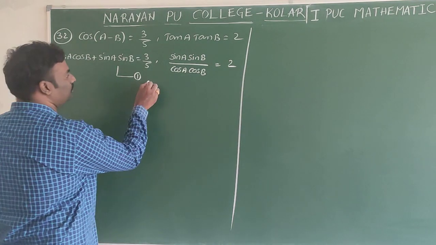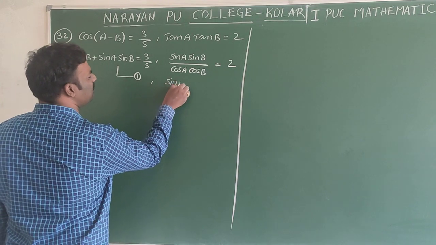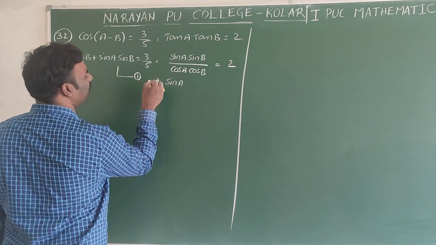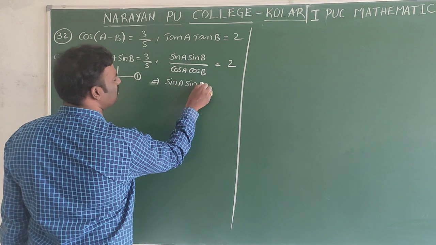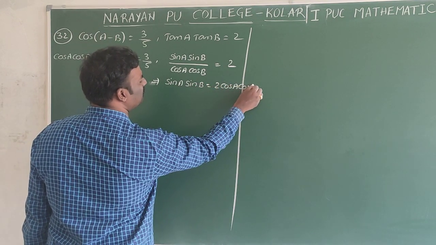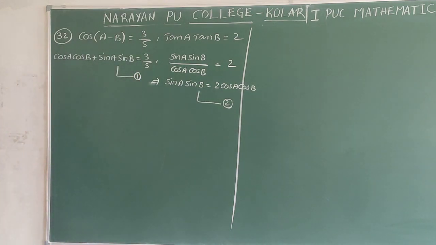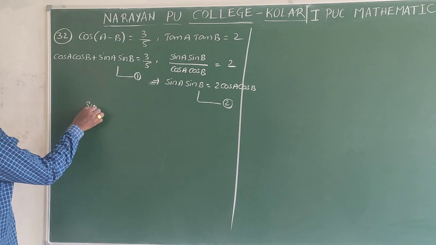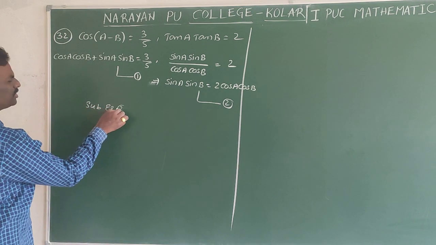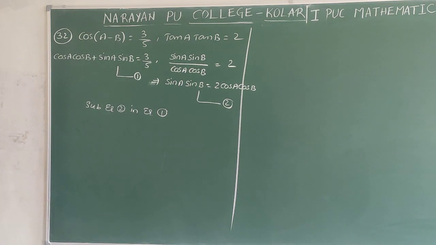From this we can write sin a sin b is equal to 2 cos a cos b. It should be equation 2. Now substitute equation 2 in equation 1. So what is the first term here? Cos a cos b.